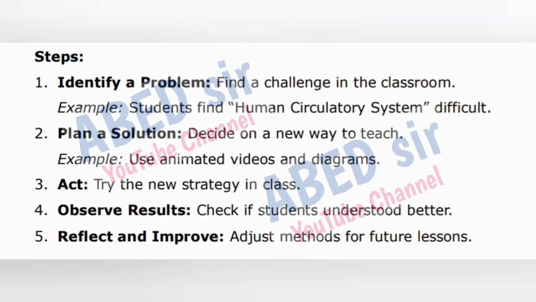2. Plan a solution. Decide on a new way to teach. Example: use animated videos and diagrams. 3. Act. Try the new strategy in class. 4. Observe results. Check if students understood better. 5. Reflect and improve. Adjust methods for future lessons.